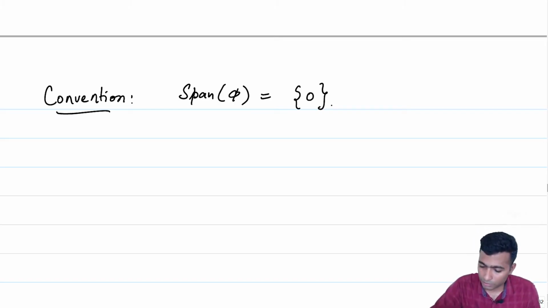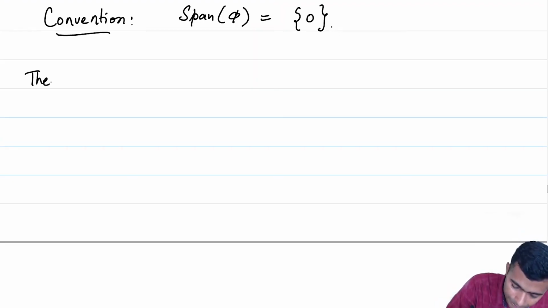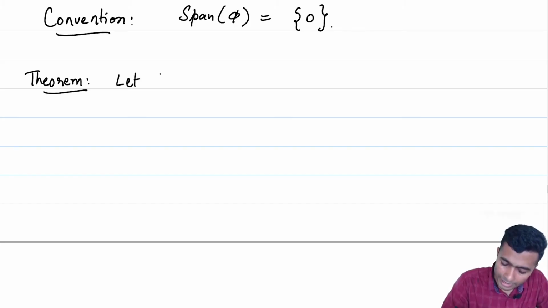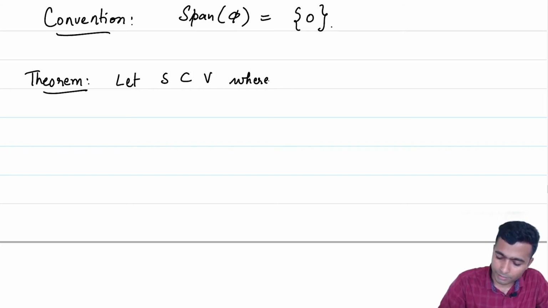We have already seen glimpses of what to expect. Let me put it down as a theorem. Let S be contained in V, where V is a vector space.